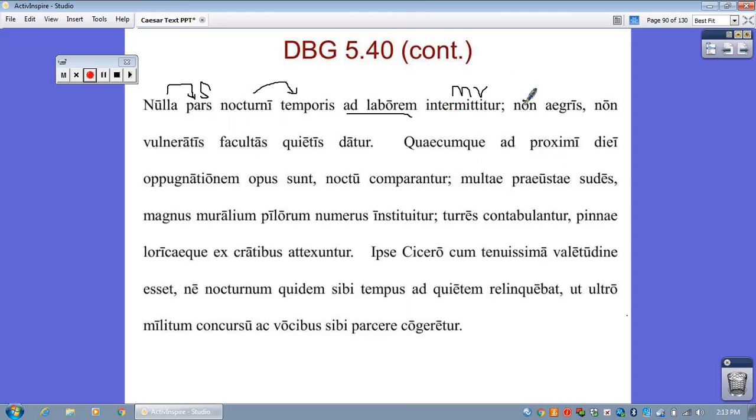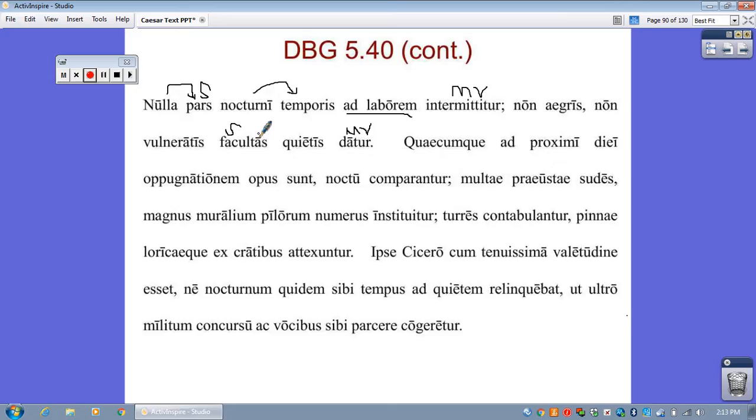And then we have this, non aegris non vulneratis facultas quietis datur. Well, verb is datur, another passive voice verb. What looks to me like the subject is actually facultas, and you might see the as ending and assume that it's accusative plural, but facultas is a third declension noun, and this is just what it looks like in the nominative, and it means opportunity.